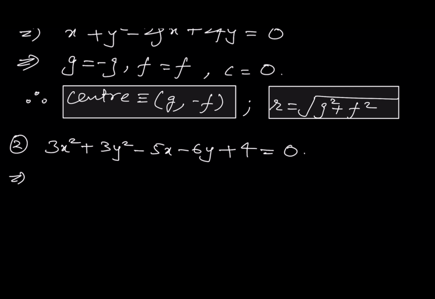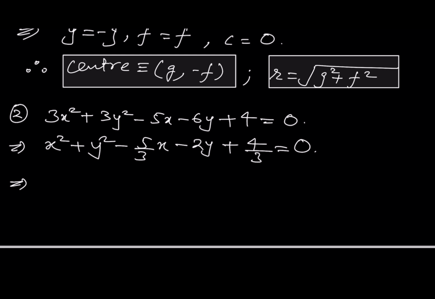Always keep this in mind: if you are telling the center and radius, first of all you have to make coefficient of x square and y square as unity. So I will divide both sides by 3. So this will become x square plus y square minus 5 by 3x minus 6 by 3, that is 2y, plus 4 by 3 is equal to 0.